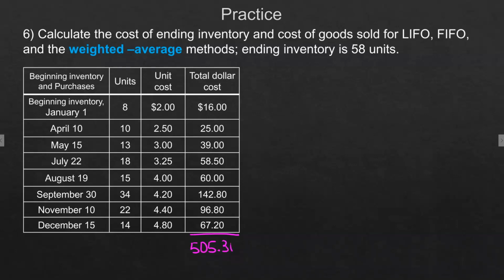So we have this total, 505.30, and there's a total of 134 units. So remember, on weighted average, we are going to take the total amount for sale and divide it by the number of units.